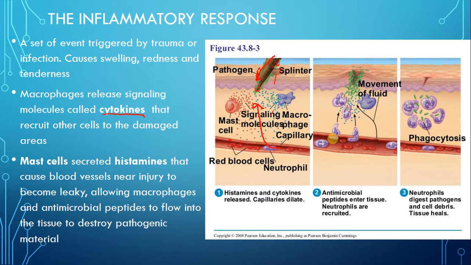And this allows other macrophages and phagocytic cells, neutrophils, things like that, to go from the blood into the surrounding tissue to start chewing up those foreign particles. So it's good that your capillaries become leaky so that those cells can go to the site of infection and digest the pathogens. However, that's responsible for the swelling as well.